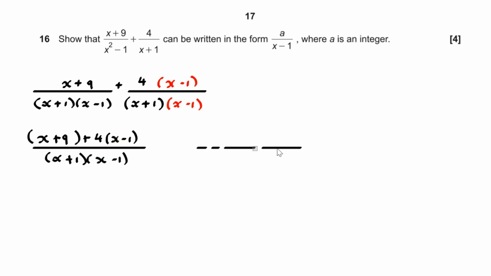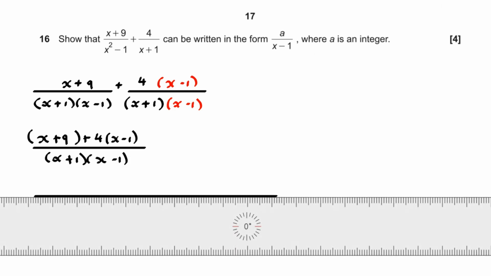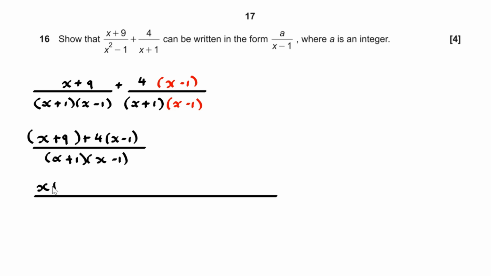So if we tidy this up, we'd have x plus 9 plus 4x minus 4 over, rather here we've got a 4x minus 4.